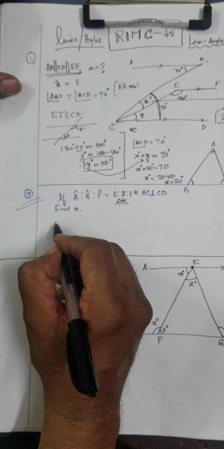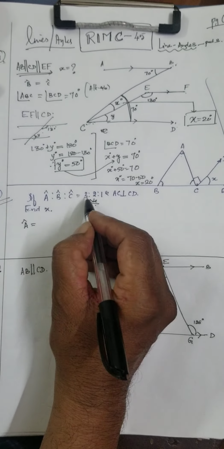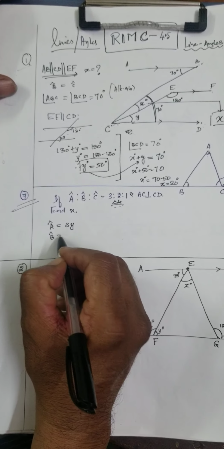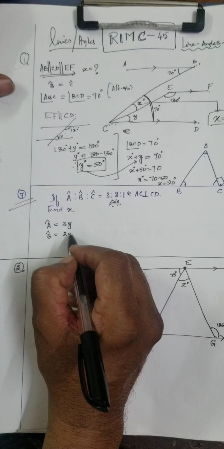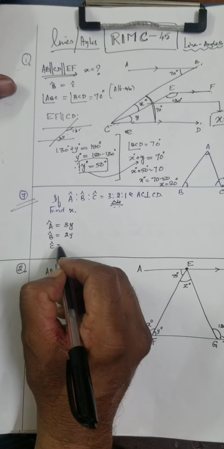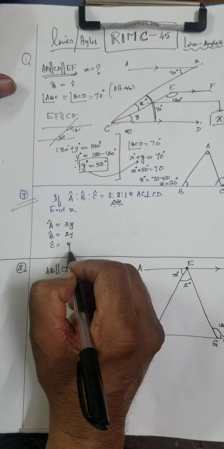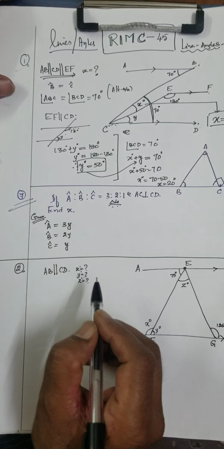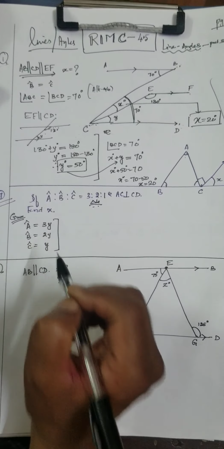That means suppose angle A is equal to 3y, angle B is equal to 2y, angle C is equal to just y. This is given.